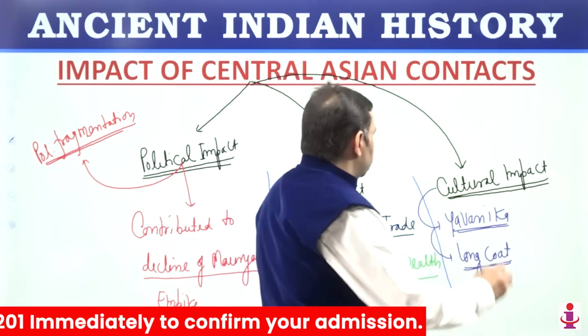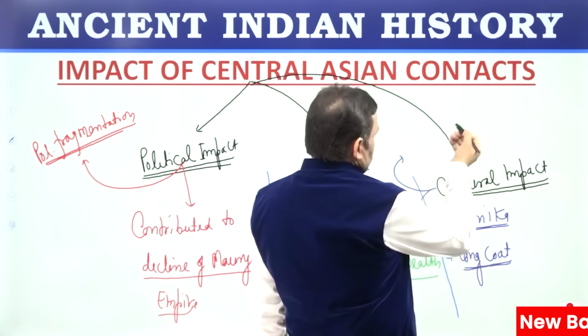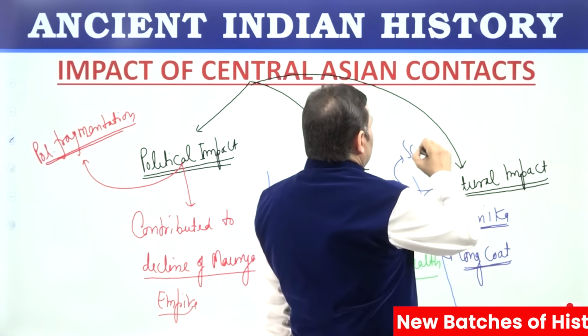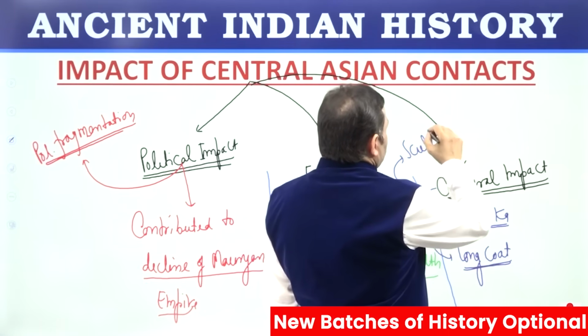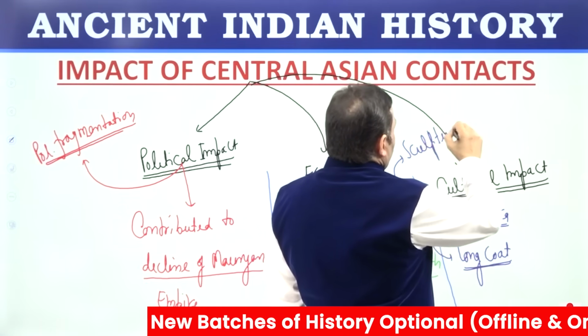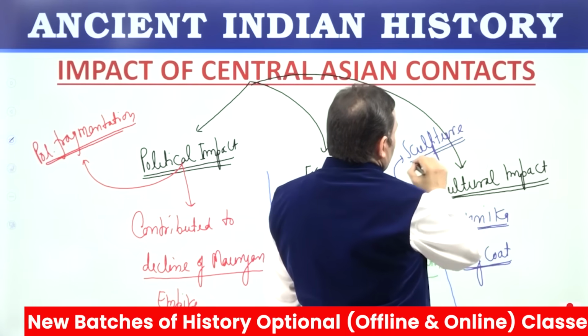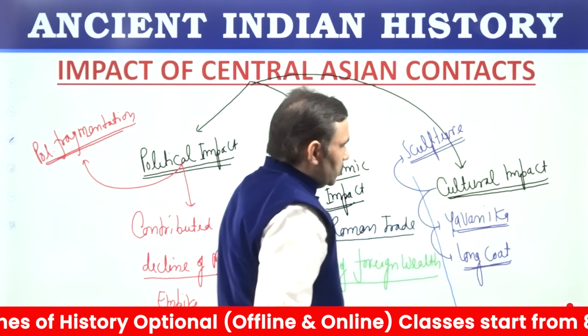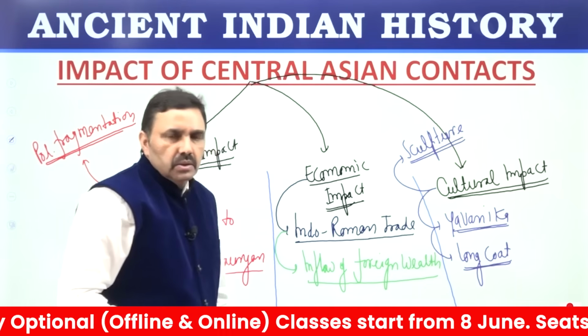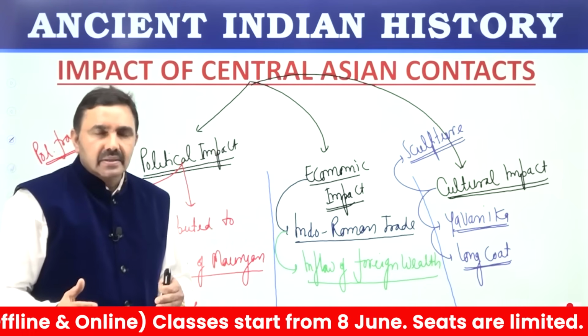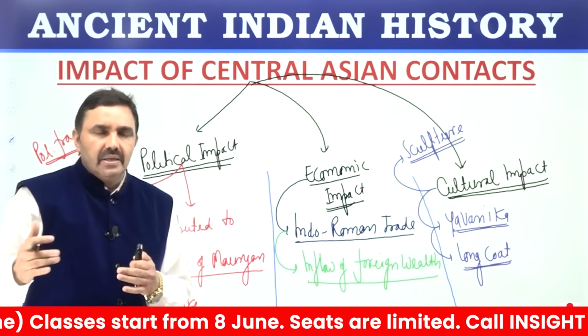We find here they gave patronage to sculpture, the art of sculpture. Mathura school of sculpture, Gandhara school of sculpture got a boost. So we got a lot of benefits culturally, a lot of benefits economically.